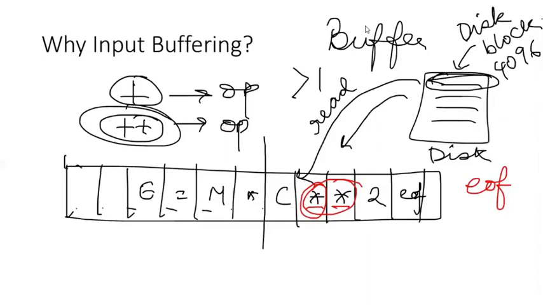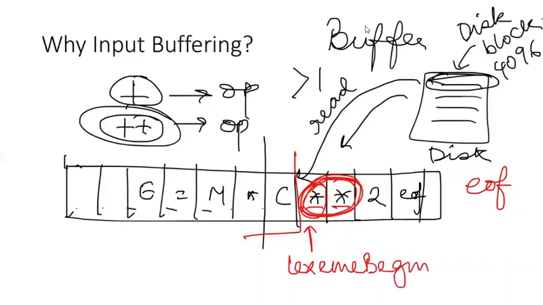If I go back here, let's say I want to find out this particular lexeme, and I've already identified up to C. I want to find out more, then lexeme begin will point to the beginning of this.